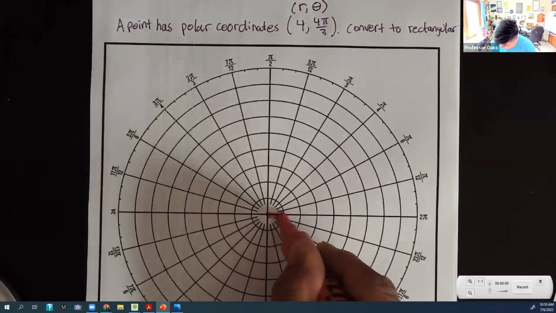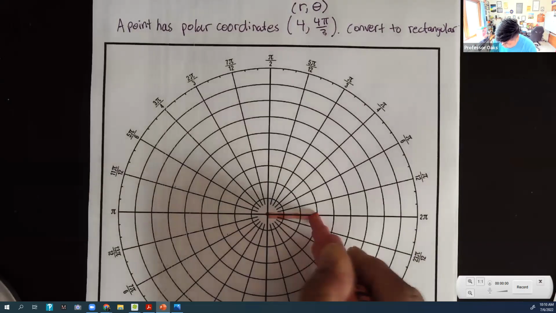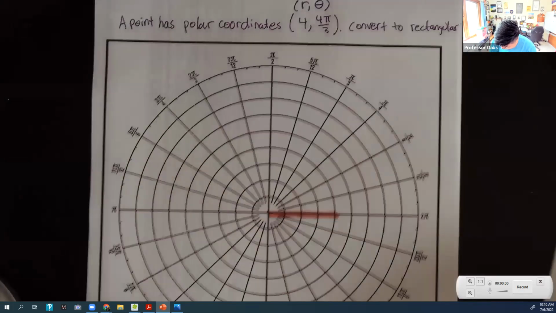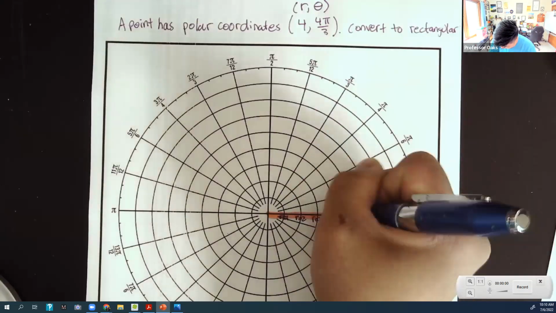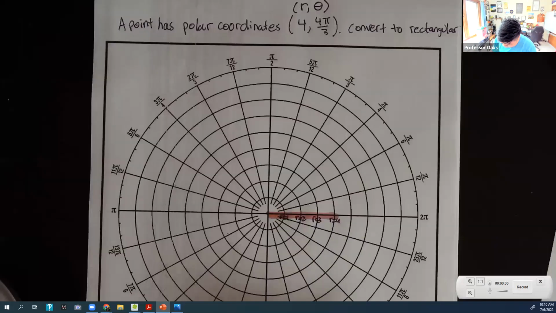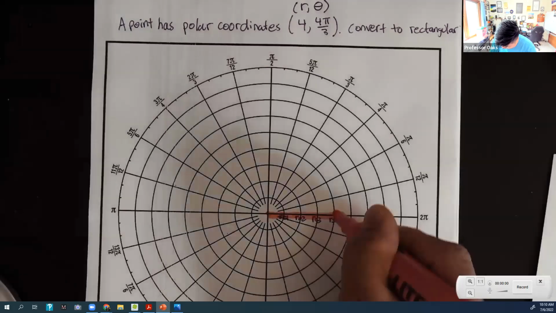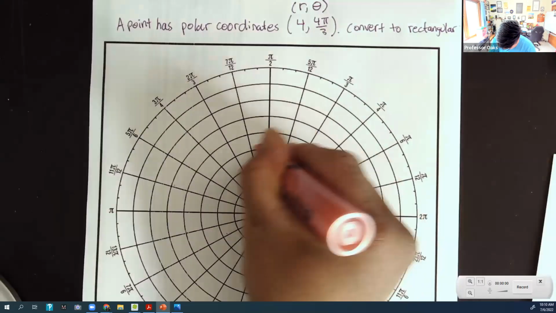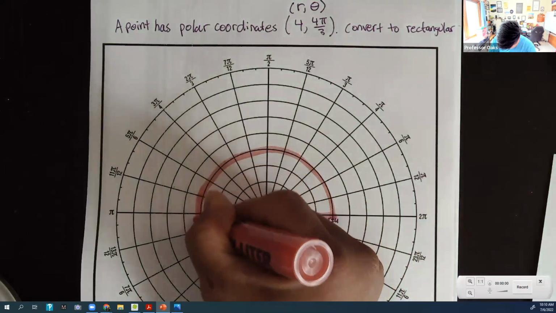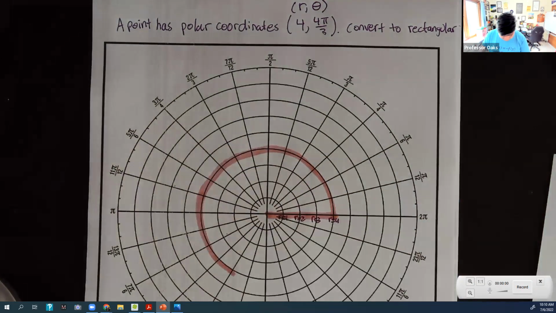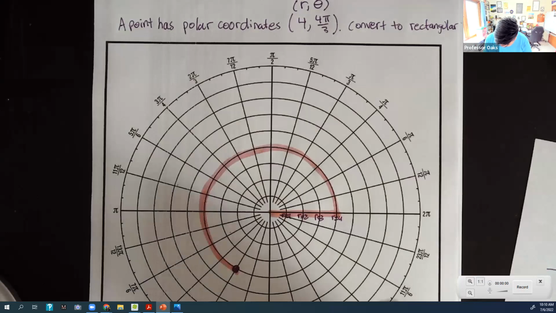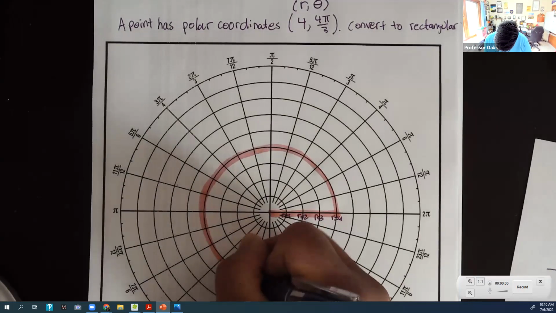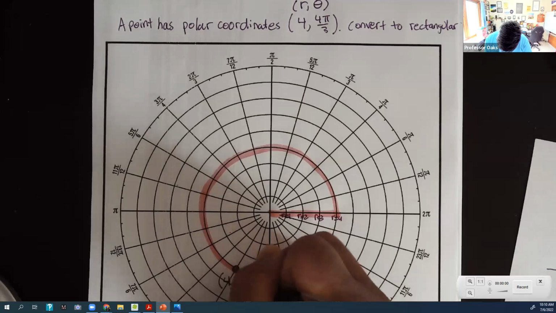So 1, 2, 3, 4. So that would be R is 1, R is 2, R is 3, R is 4. And then I would go over to the 4 pi over 3. So I would go around the circle over to 4 pi over 3. And then that would be the point right here. So that would be the 4 and then 4 pi over 3.